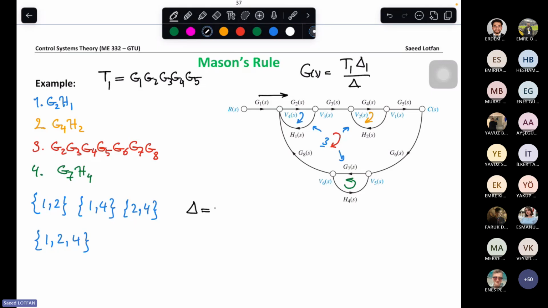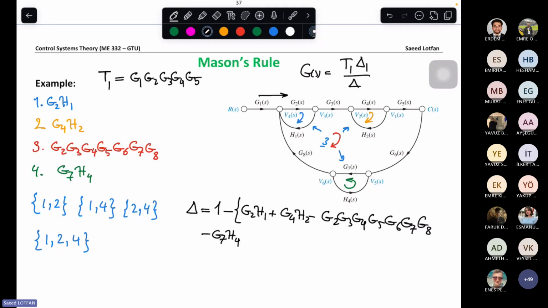Delta says 1 minus loops, that is G2, H1, minus G4, H2, minus G2, G3, G4, G5, G6, G7, G8, minus G7, H4, okay?